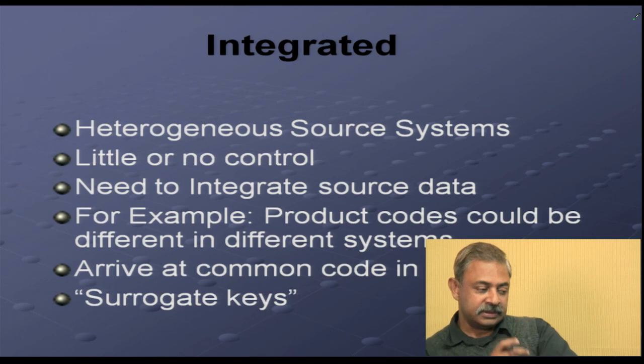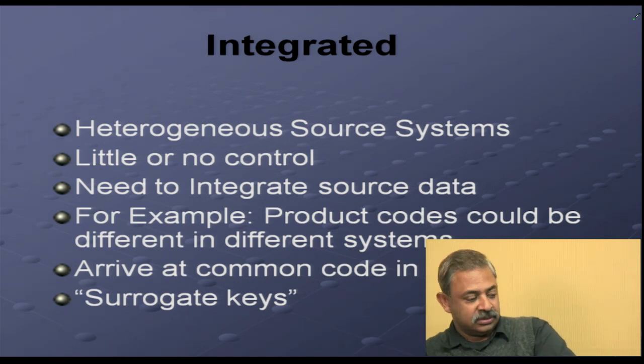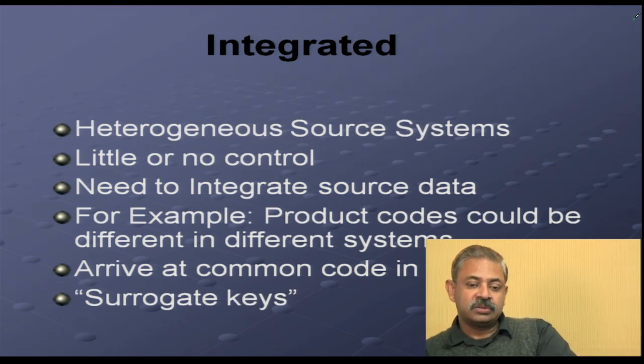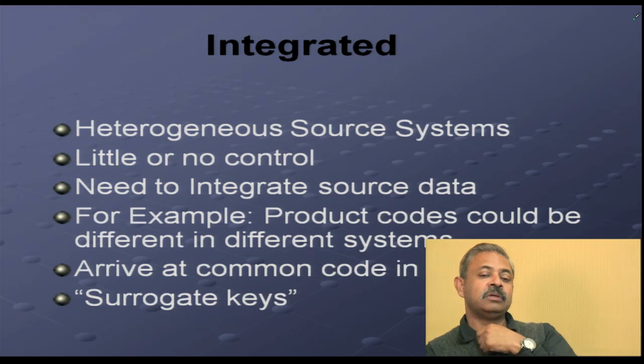So integrated. The second aspect is integration. As I told you, these different sales systems may be highly heterogeneous in nature, and you would have very little or no control over these systems, and need to integrate source data. For example, product code could be different in different systems. So what we do is we try to arrive at a common product code.